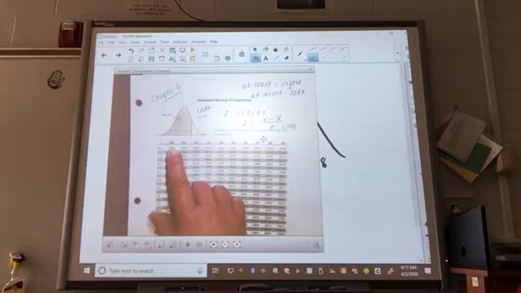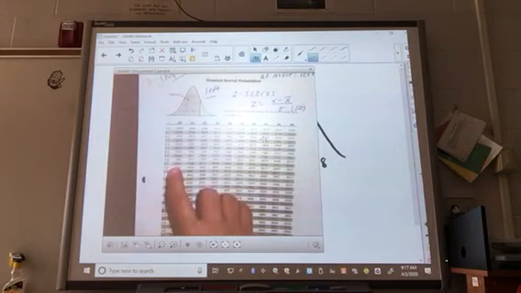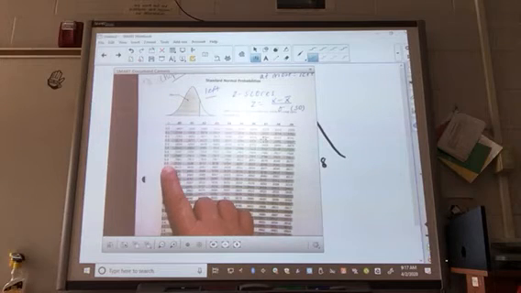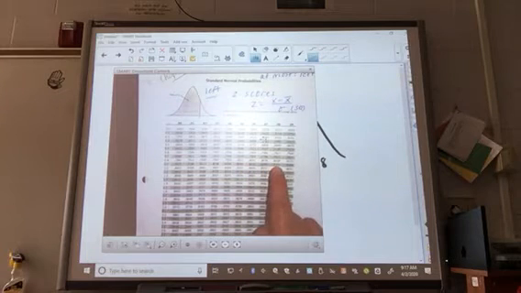It also wanted me to find the z-score of 0.98, so I go down to 0.9. I line it up with 0.08, which is right here, and that's 0.8365.